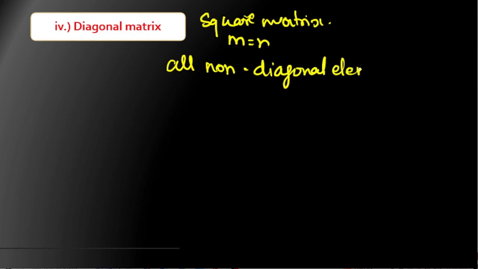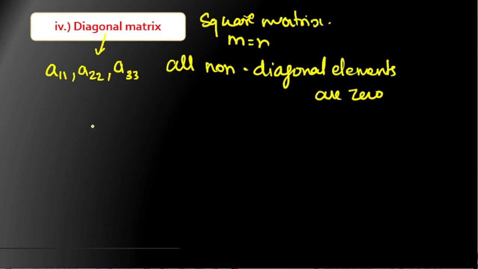What are diagonal elements? Diagonal elements are the elements in positions A11, A22, A33. Other than those diagonal elements, all other elements will be 0.